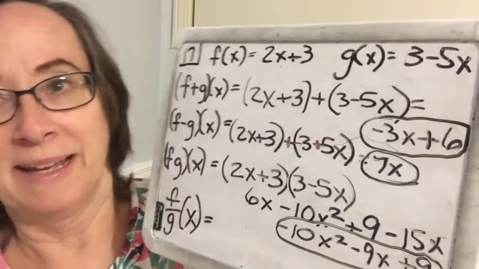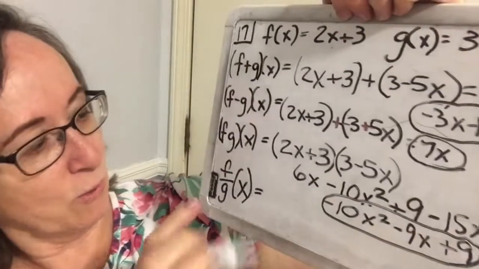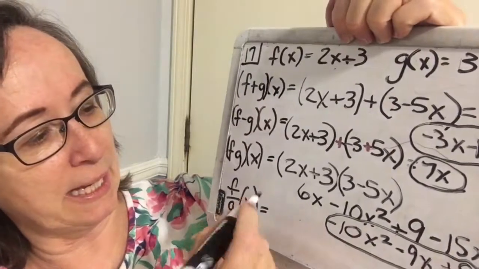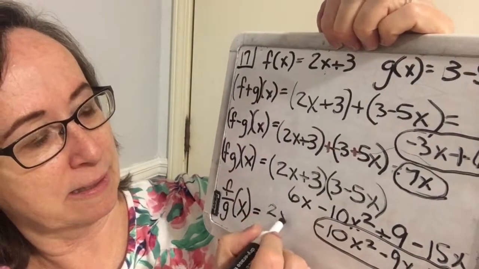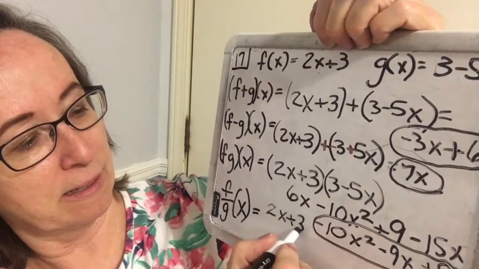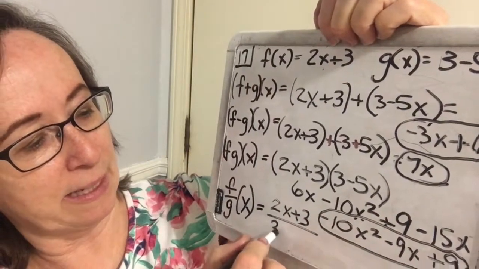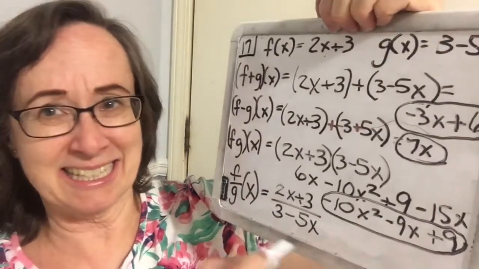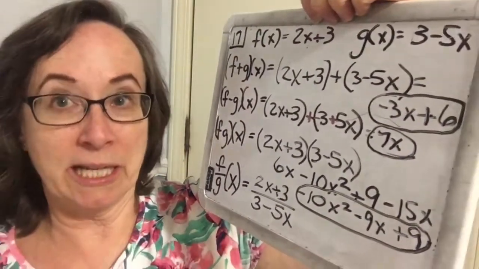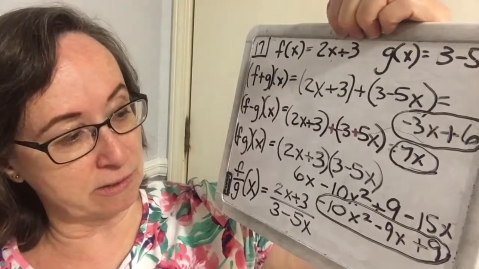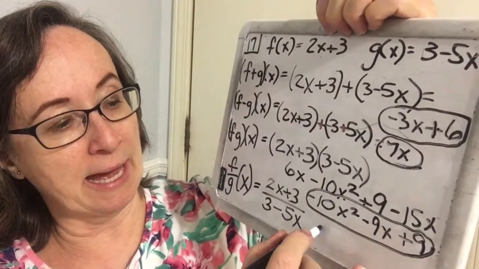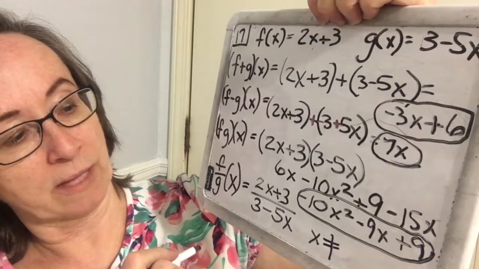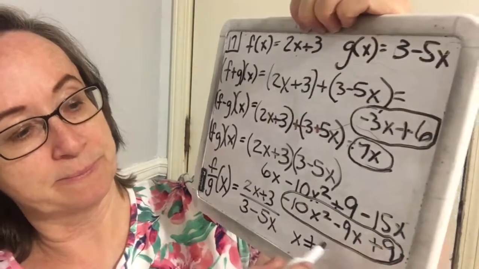Okay, so now we have f divided by g, which is going to be 2x plus 3 divided by 3 minus 5x. And that's not going to simplify at all, but we really should make our exclusion. In other words, x does not equal 3/5.